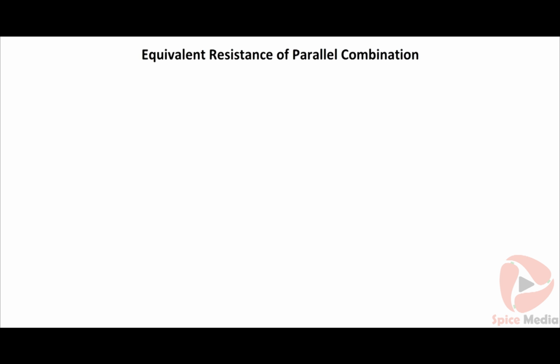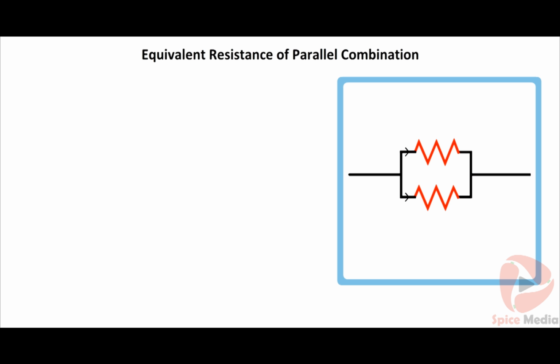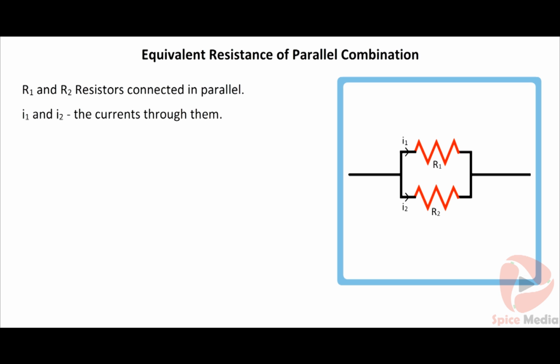Now, we will derive the equivalent resistance of the parallel combination of resistors. Let R1 and R2 be the resistors connected in parallel. I1 and I2 be the currents through resistances R1 and R2. Same voltage V exists across the resistors.